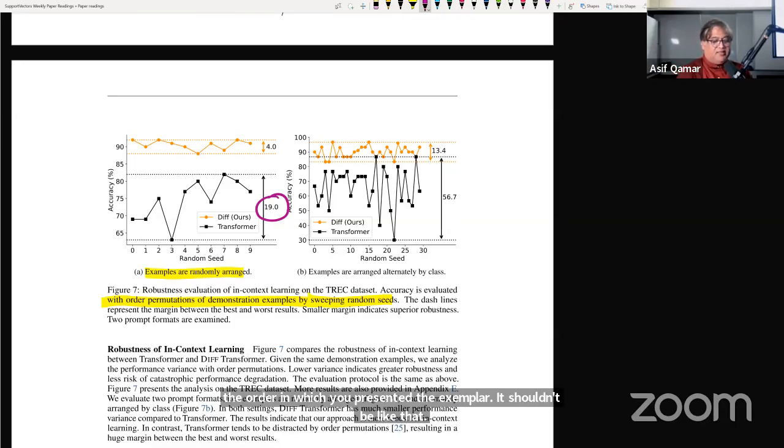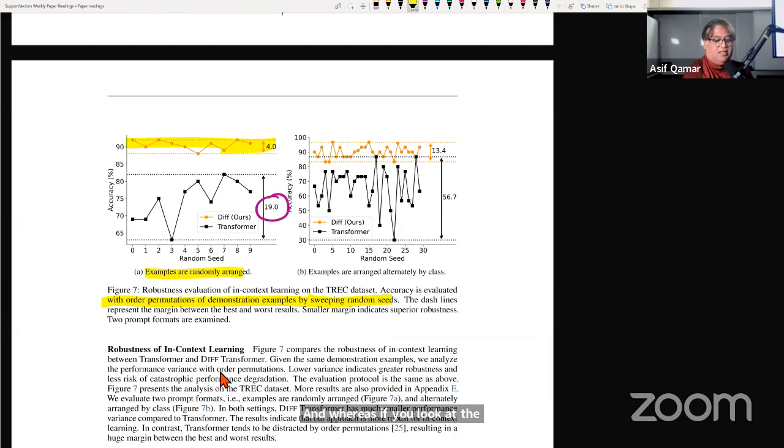Whereas if you look at the diff transformer, and this is a very interesting thing, we need to think how it achieves this. We'll try to understand that a little bit later. What you notice is that the accuracy remains within a fairly narrow band of 4%. And this is quite a thing. You're getting a much more robust model using this approach.